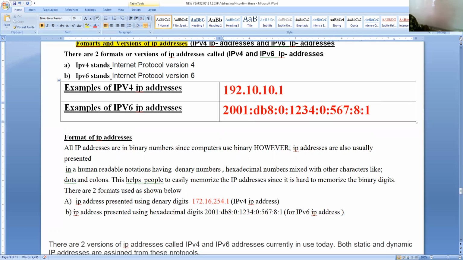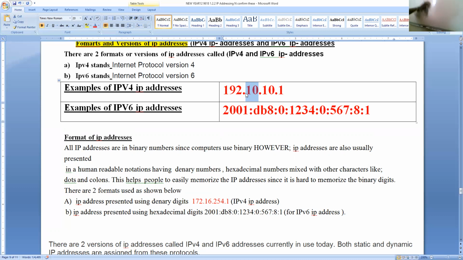Another difference is, if you look at IPv4 properly, the 4 parts have got only numbers. Do you see that? The 4 parts have got only numbers. Are you writing or not?